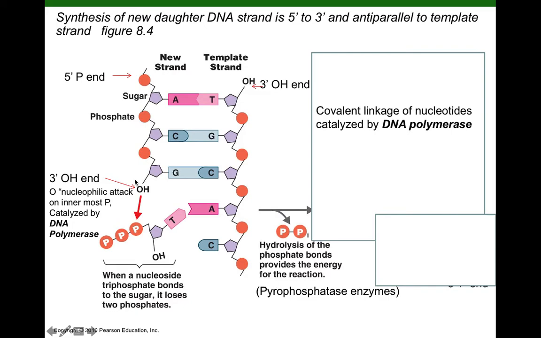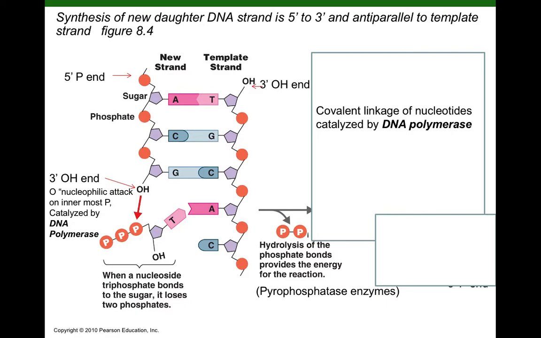And the reason for this is that DNA polymerase, the enzyme that makes the copy of the DNA, can only catalyze an electron rearrangement between electrons on the oxygen of this free 3' hydroxyl group.